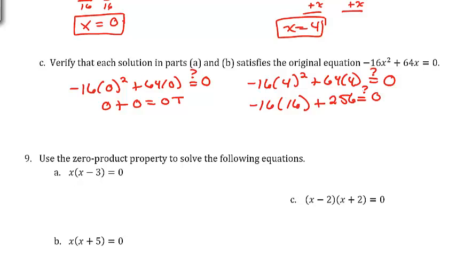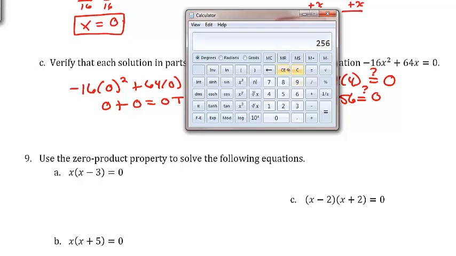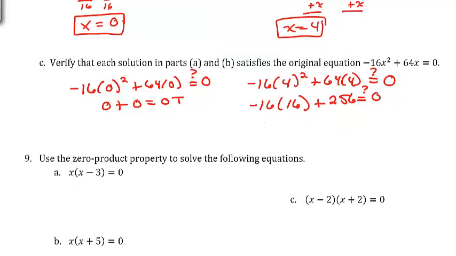So I'm still going to put my question mark above my equal sign because I still don't know if that's true or not. And let's multiply 16 and negative 16 together and see what we get. 16 times a negative 16 gives us negative 256, plus 256 does in fact give us 0, and so that one works as well.